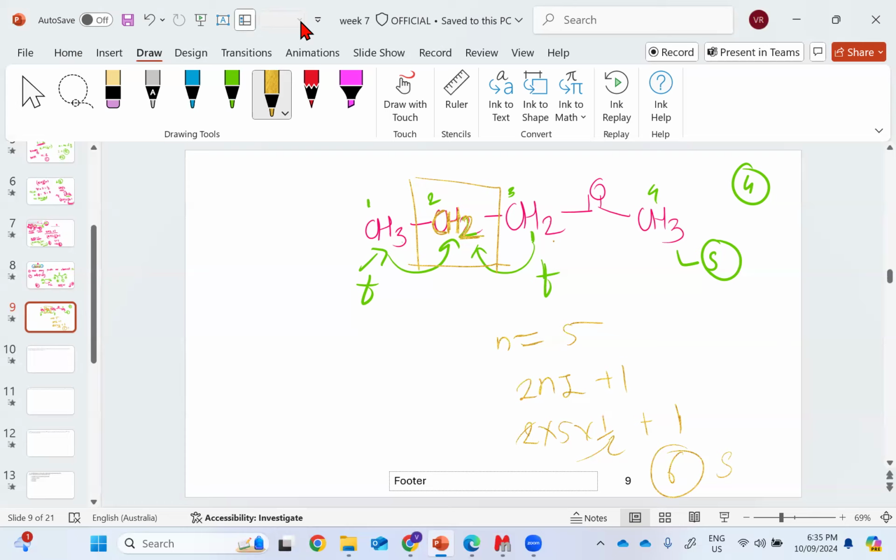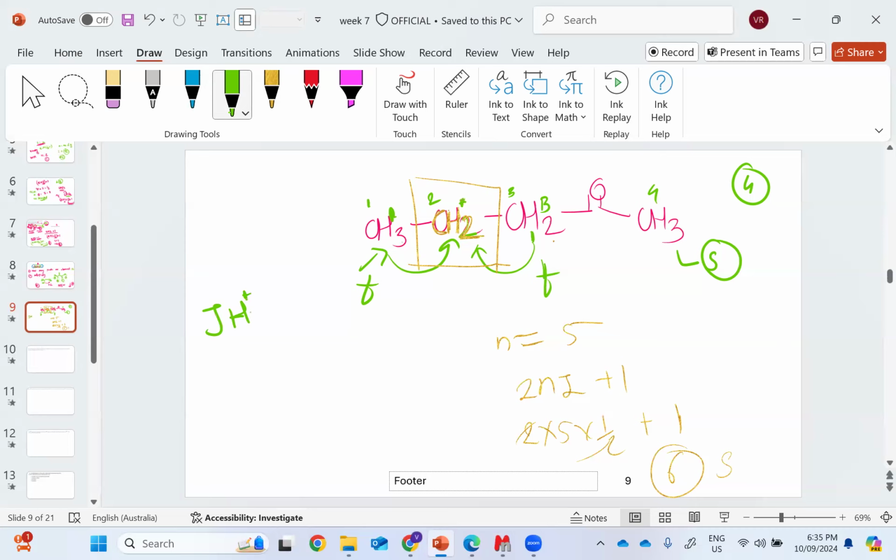But if you have some other example, here we have taken into consideration the J values. Let's take this hydrogen as A and this hydrogen as B, and this hydrogen, let's take as a star, right?